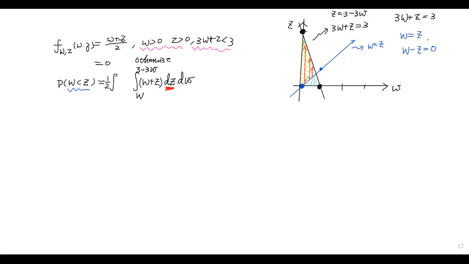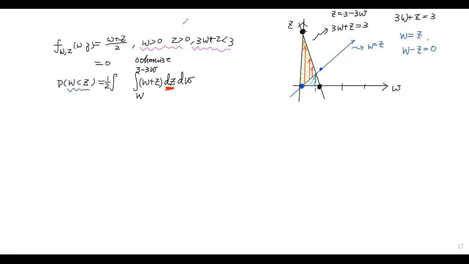Now, after you integrate the z, I'm going to see where my dw is. For all these things here, take a look. The dw is going to start here, and for the range of dw, let me draw a dotted line here.